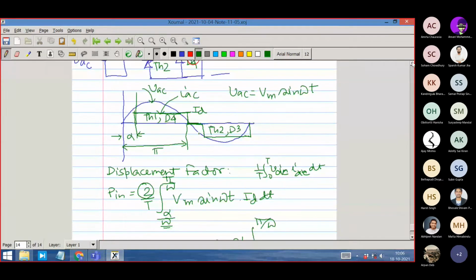Now look at it very clearly. It is showing that for alpha duration the current is 0, then it expands and continues up to pi, right? And then 0, and then this and this.